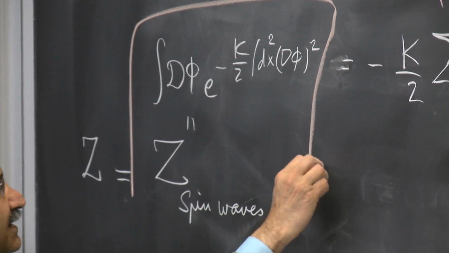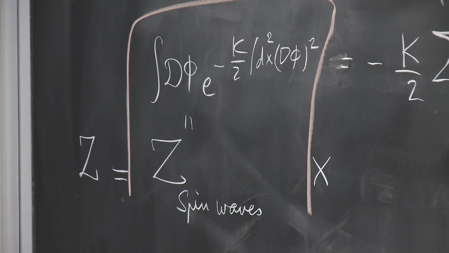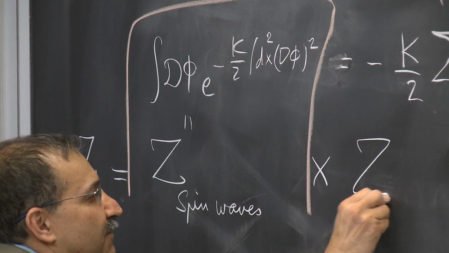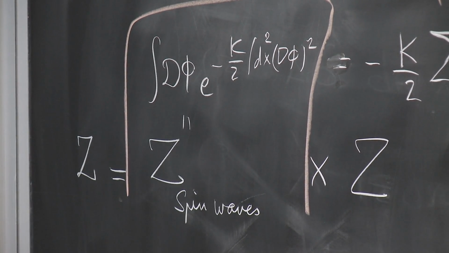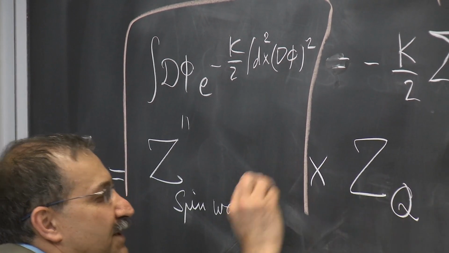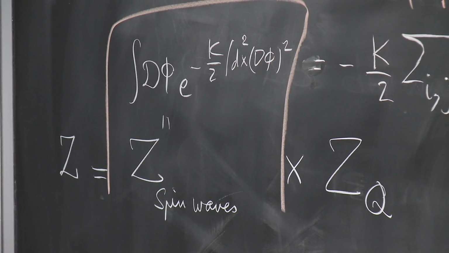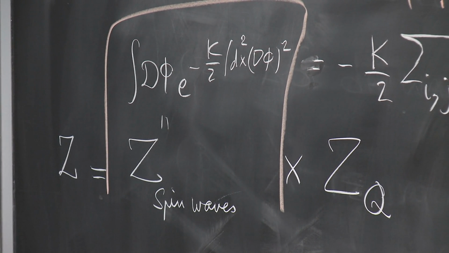And what we find is that the actual partition function also has the contribution from the topological defects. And that I will indicate by Z_Q, and Q stands for Coulomb gas.